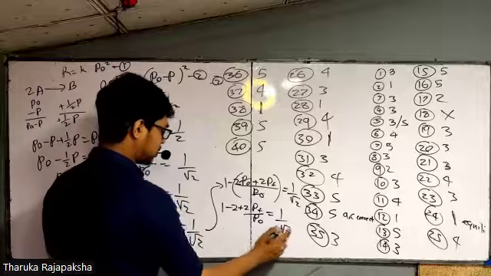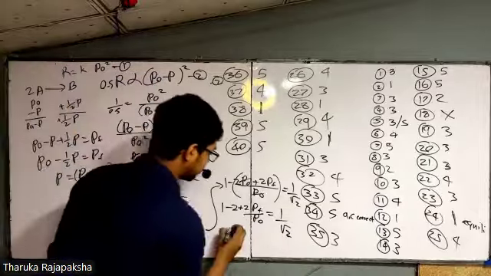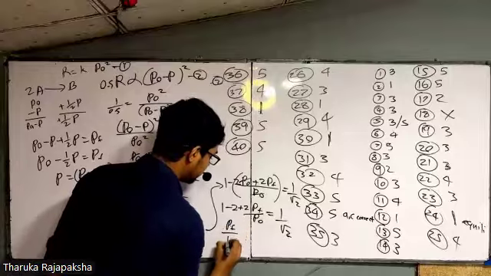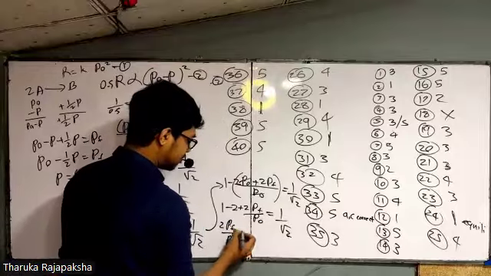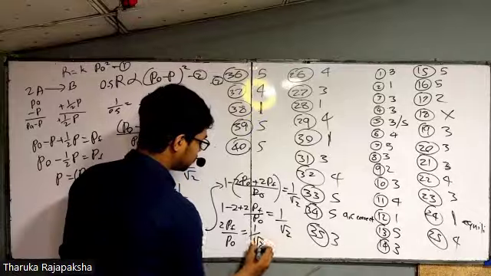This is very tricky. 1 minus 2 is minus 1, so 2PF over P naught is equal to minus 1, and it becomes plus 1 over root 2 plus 1.